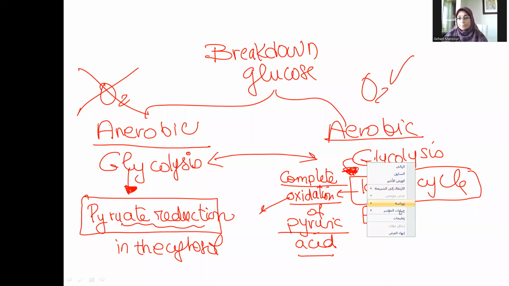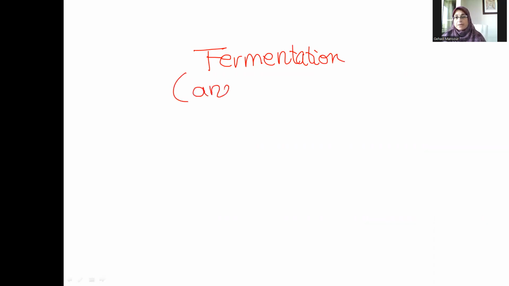So how would we represent this? We would represent this by saying that here we have a process of fermentation or anaerobic respiration. This is important to know. When we say fermentation, we mean anaerobic respiration.